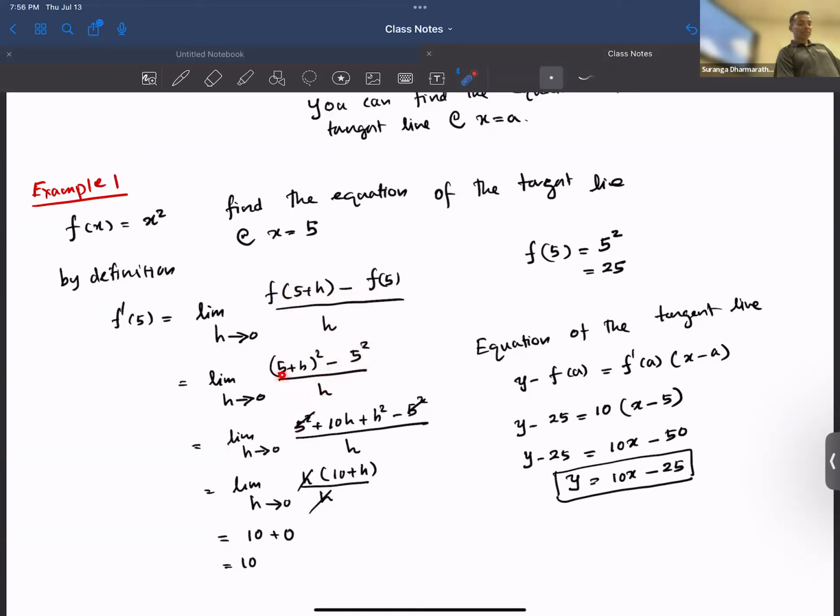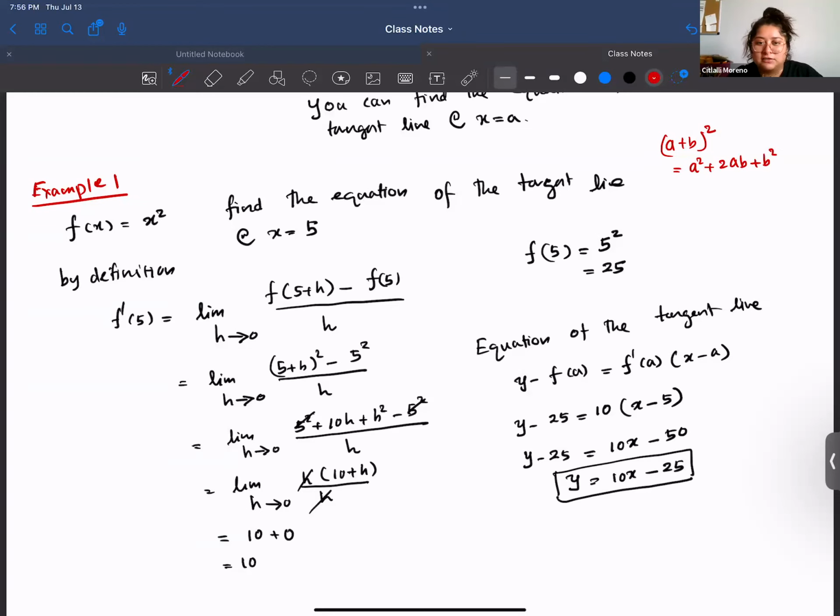Now what you do is expand this. How do you expand this? Maybe that's the part you didn't understand. If you have a plus b squared, you can write that as a squared plus 2ab plus b squared. That's the factoring portion, correct? So that's a plus b times a plus b.